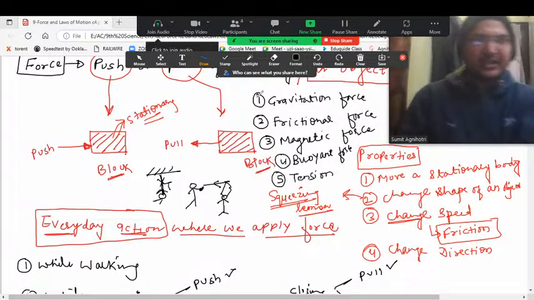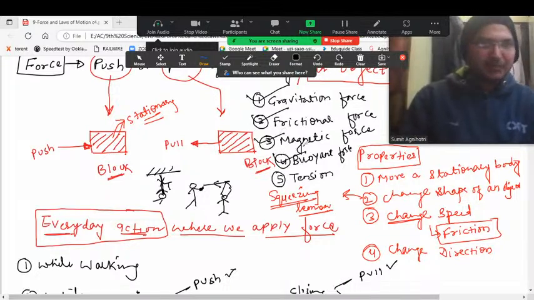That means there may be gravitational force, the force that earth applies on any object; frictional force, force between two surfaces, or force that the earth's surface applies on any other object that slides or moves on it; magnetic force, force between two magnets or between poles of those magnets. Buoyant force, a force that uplifts an object when it is put in a bucket full of water.